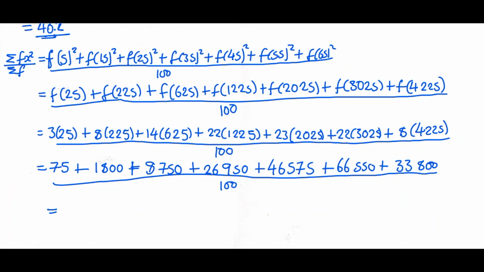So according to my calculator, I'm getting 184,500 over 100. So we'll cancel this, and our final answer will be 1,845. So we have that expression.